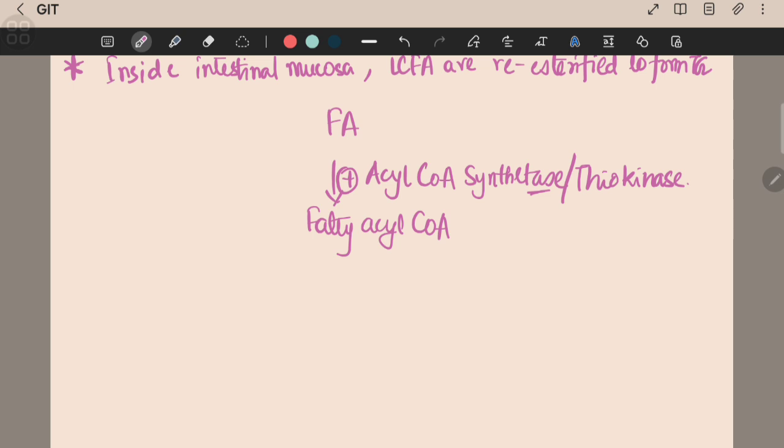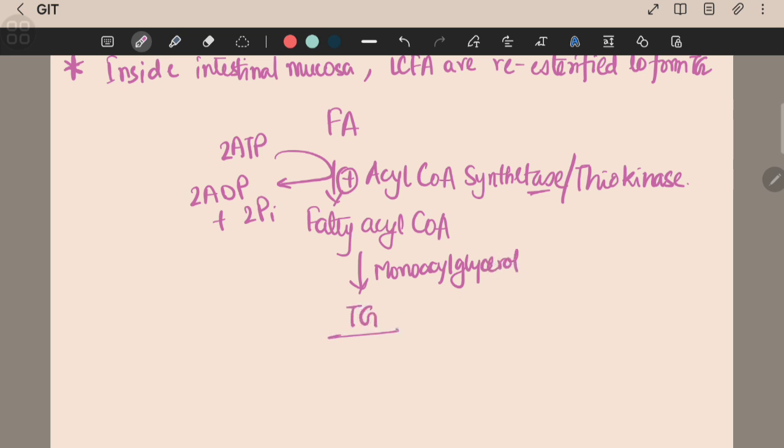ATP is required in this process, 2 energy bonds, so the ATP produces ADP as the high energy bond is utilized. This activated fatty acid then reacts with monoacylglycerol and forms the triglyceride. So re-esterification happens to form the triglycerides.